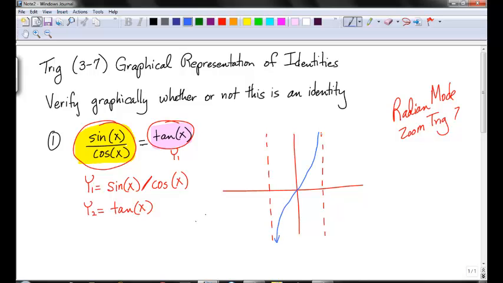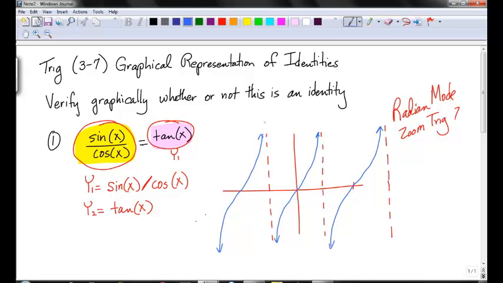Tangent goes through the origin. Okay, and then there would be another asymptote over here. Dash that. And remember, tangent repeats every pi over the absolute value of b. There would be another one over here.